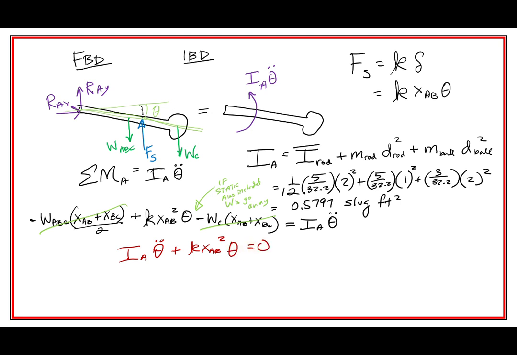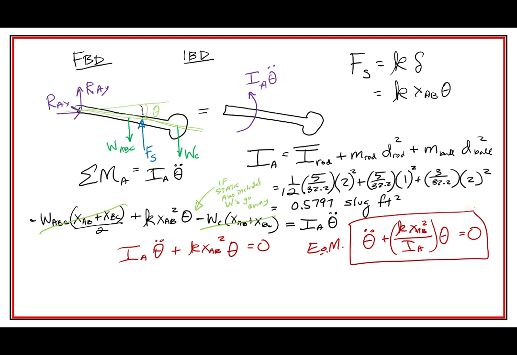Theta equals 0. So our equation of motion is going to be theta double dot plus k X_AB squared over I_A, theta equals 0. And what are we asked here? We want to find the natural frequency.